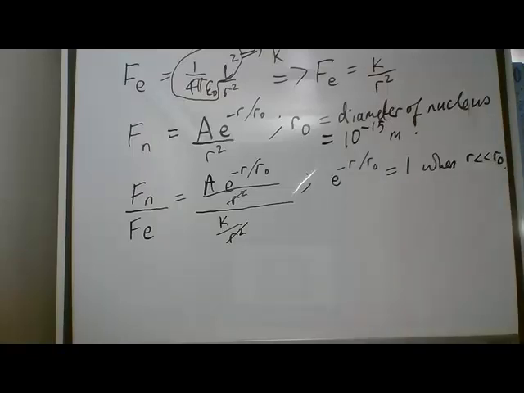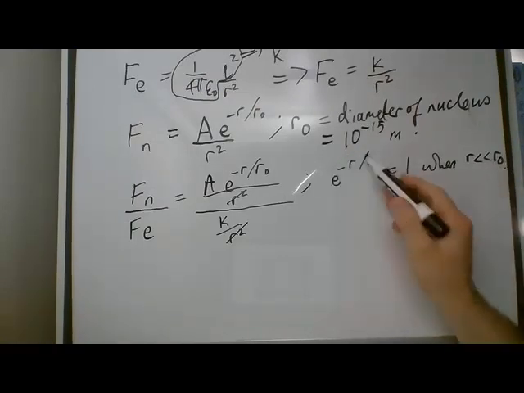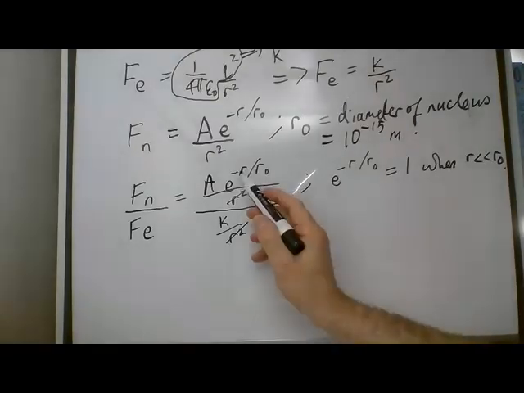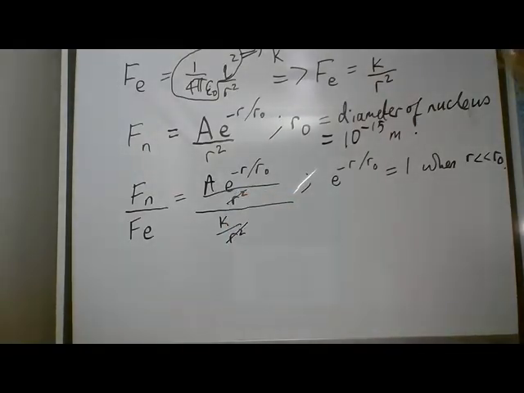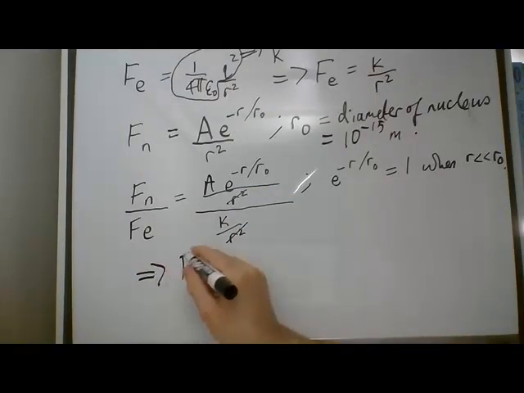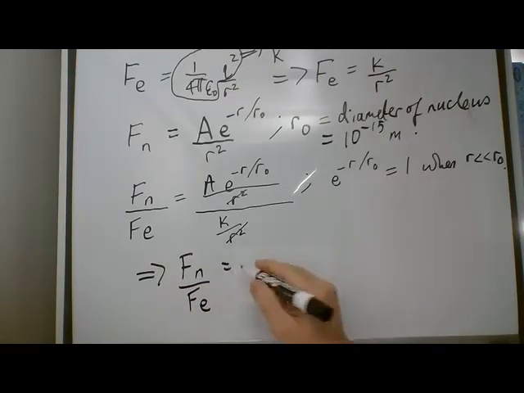So what does this mean? When you're looking at separations between protons that are a lot less than the diameter of the nucleus, then this decay becomes 1. This decay then just multiplies A, so we just have A over K. So Fn over Fe equals A over K.